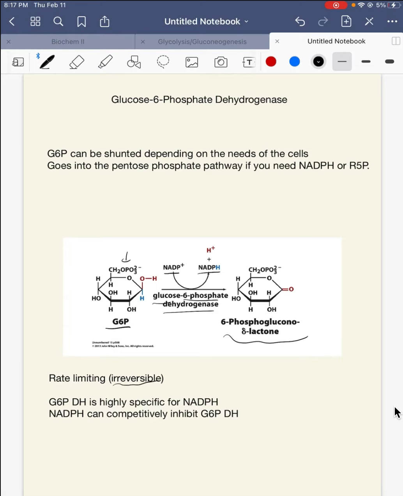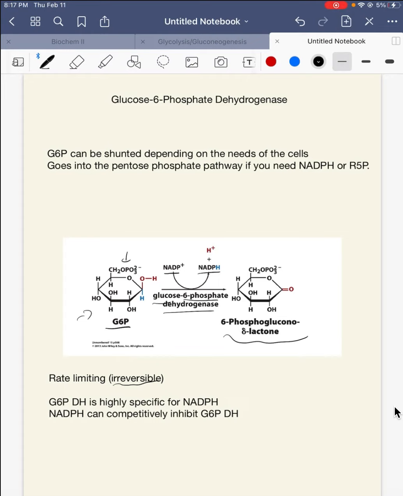As soon as we run this reaction, we're committed to running the oxidative phase of the pentose phosphate pathway. Like I said, glucose 6-phosphate can go into any other pathways, but as soon as it goes into this reaction, we're committed to making NADPH.